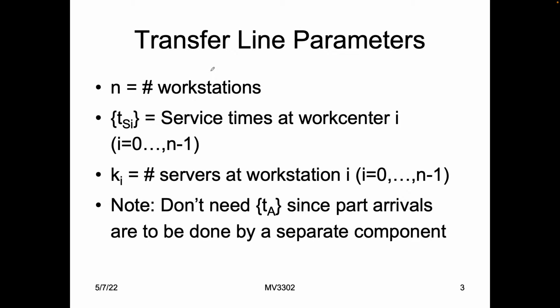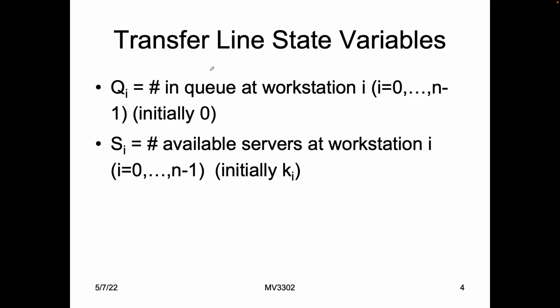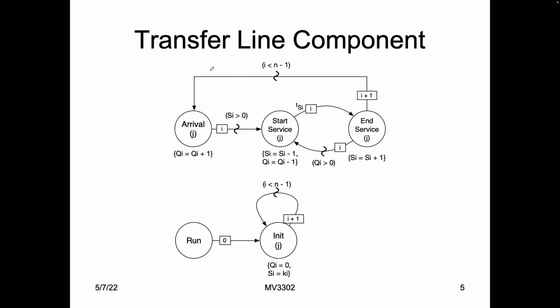So if you remember, in the transfer line model, we had the T sub A sequence, and here we don't, because we're going to say, okay, somebody else is going to do that, and that's comparable to what I consider the programming virtue of that's not my job. And we're going to have the same state variable, so just the same kind of issue. And so the component looks like this.